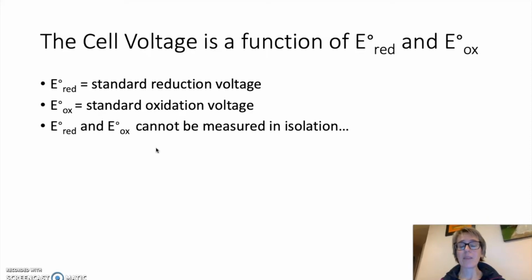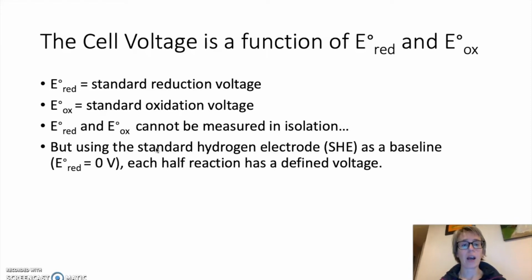Now, we can't measure those half reactions in isolation because there always needs to be oxidation occurring with reduction. But what we've done over the years as chemists is define all of these half reactions in reference to the standard hydrogen electrode voltage, which we've defined as 0 as a baseline.